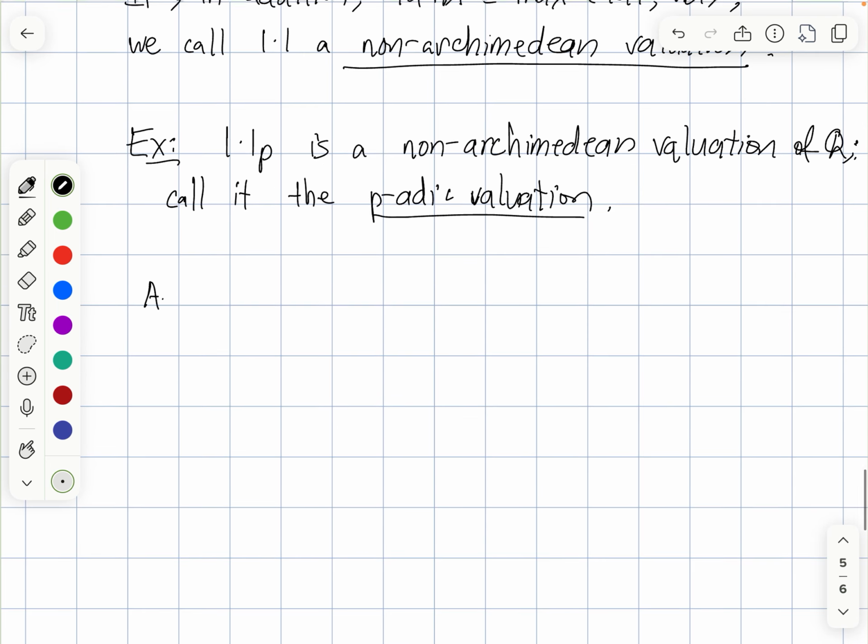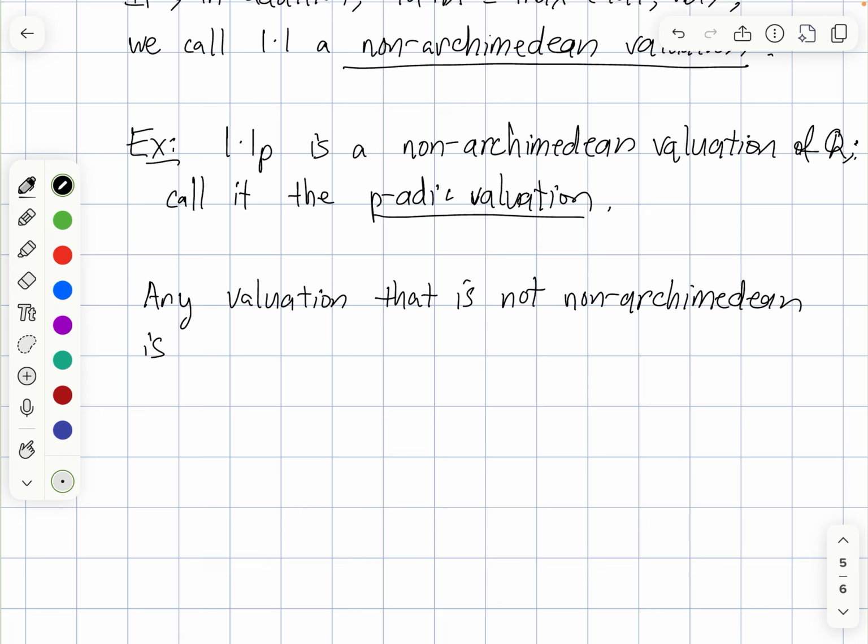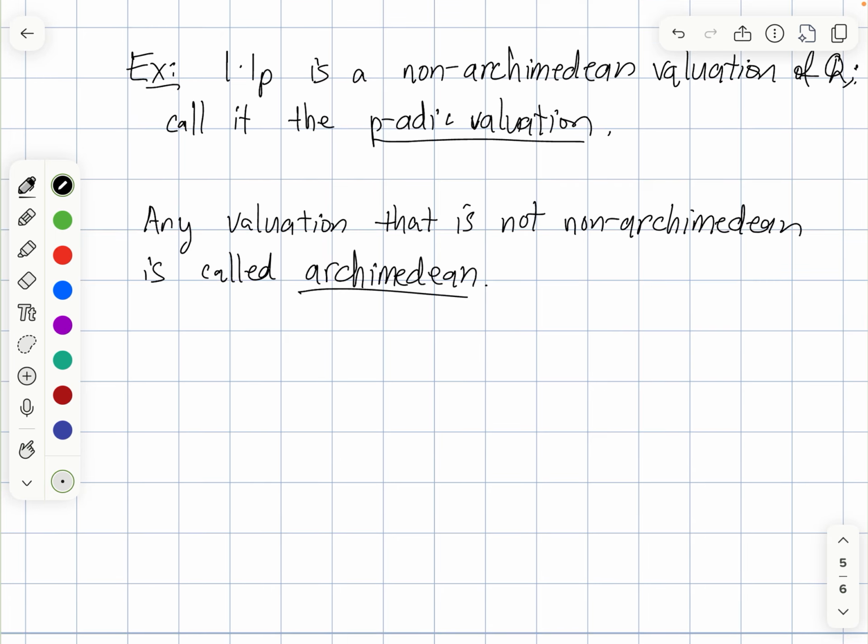And any valuation that is not non-Archimedean is called Archimedean. So we actually define non-Archimedean first, and then define Archimedean to be not non-Archimedean. And of course, the typical example is that the regular absolute value on R is Archimedean.